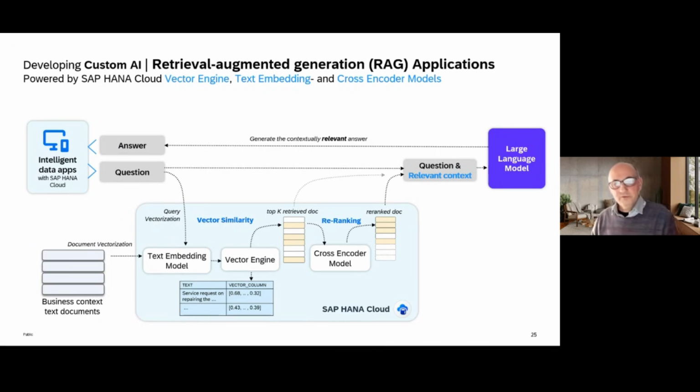These results, together with the query, are then run again through the cross-encoder model for a re-ranked list of context of higher precision, which is then passed on to the large language model. So both really work together in sequence, classic vector similarity search and the re-ranking.